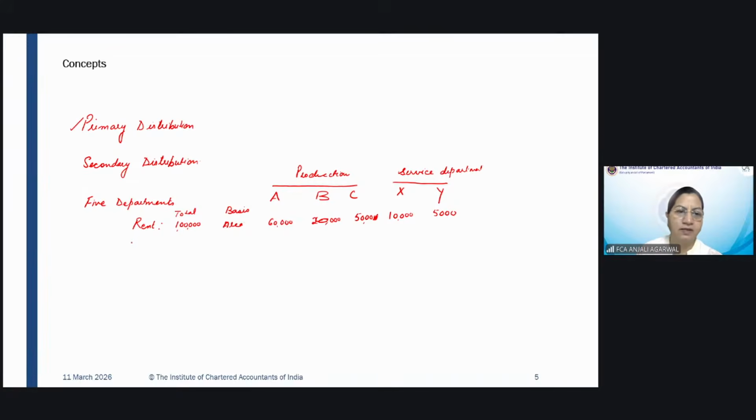Similarly, let's say there are employee related canteen expenses of 30,000. The basis for dividing the canteen expenses could be how many meals were consumed by the workers of each department, or else how many workers or employees there were.